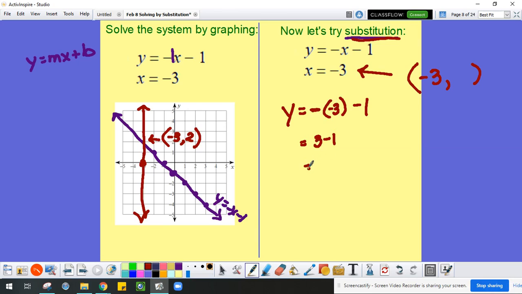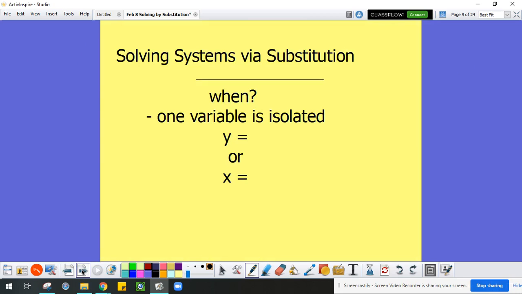So I have 3 minus 1, which gives me my y value of 2. I was already given that x equals -3 as soon as I started this problem. y equals 2 is what I figured out from substitution, and the graph verifies that. We spent a week or so graphing equations, inequalities, and systems. Now we are doing it by paper, pencil, substitution method, but we still get the same answer. So we're going to practice that some more.